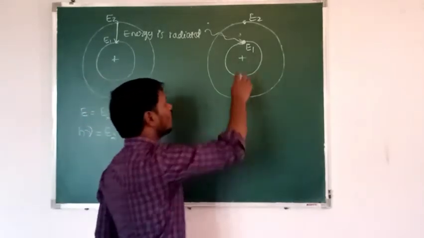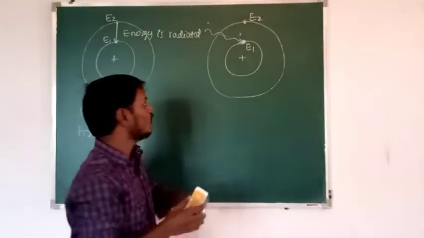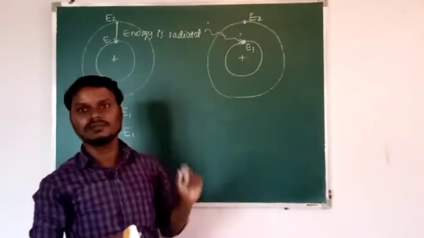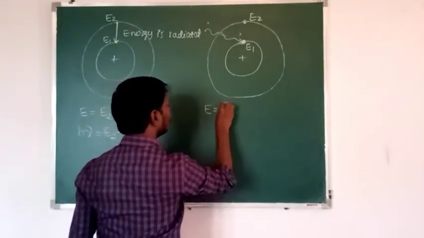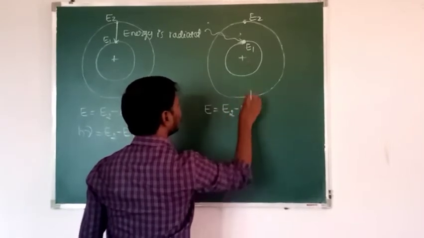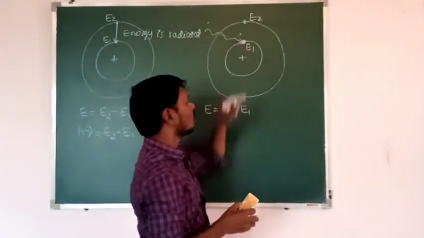Okay, but here the electron jumps from the first orbit to the second orbit, means the energy absorbed by this electron must be equal to E2 minus E1. Then here, the same, E is equal to E2 minus E1. It is the energy absorbed by the electron present in the lower orbit.